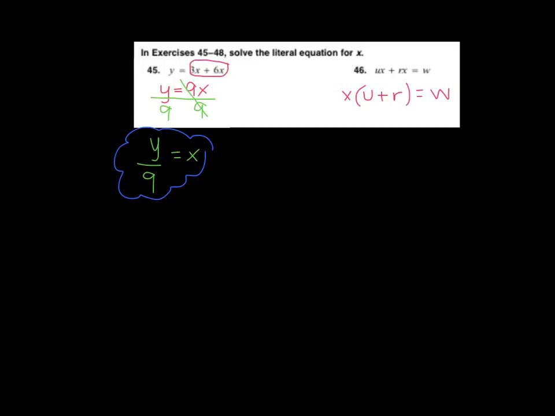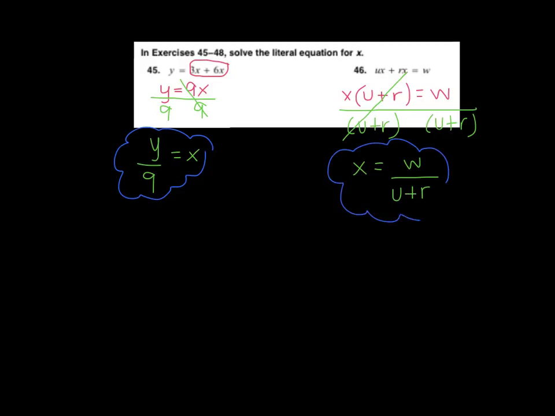So now if I'm trying to get x by itself, the opposite of multiplying by u plus r would be to divide. So remember, we're going to have to do that to both sides of the equation. So those will cancel. Anything divided by itself is 1. So we have 1x equals w over u plus r. I know I'm finished because x is by itself.